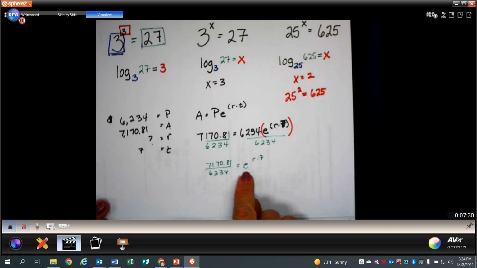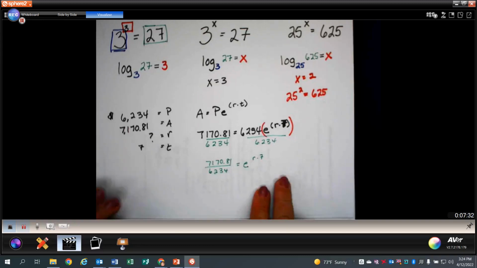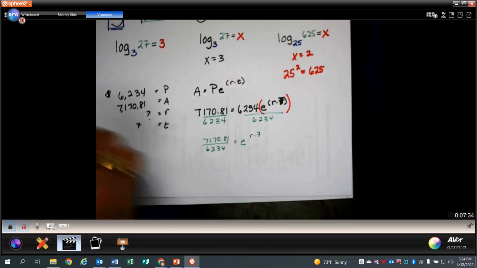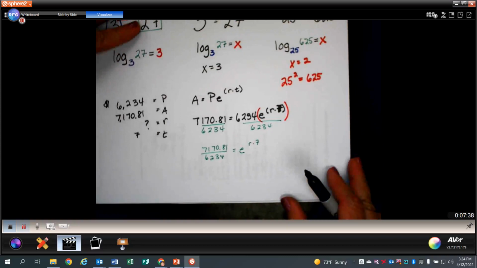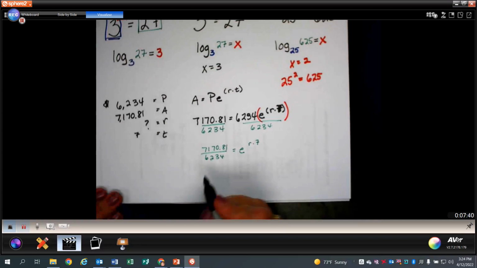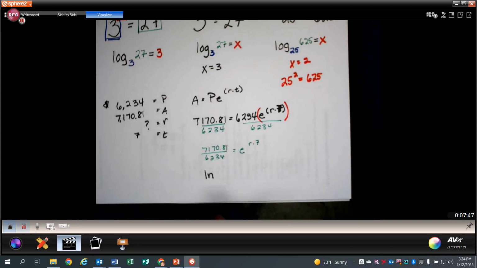So now I can convert this to a log. When I'm doing logs of the natural number E, I will use a natural log, which is ln. That is a log in base E. I don't have to write the E as a subscript. So log base E, and here's the answer to the exponent problem.